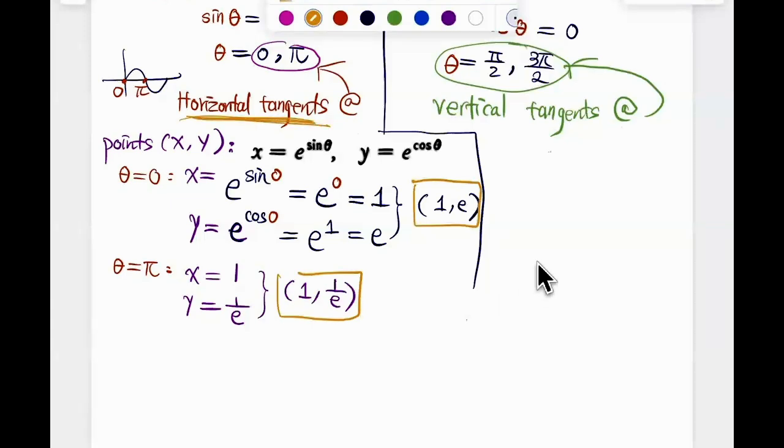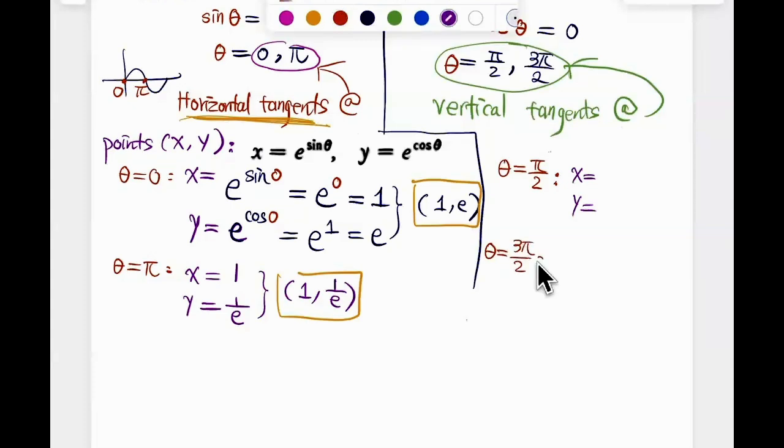Now on the other one, you can do a similar thing. You substitute theta equal to pi over 2. Can you guys work on this? Tell me what does x equal to, y equal to? Oh, I'm sorry. It's not 1. What does x equal to? What does y equal to? I hear you say e, 1. Yes.